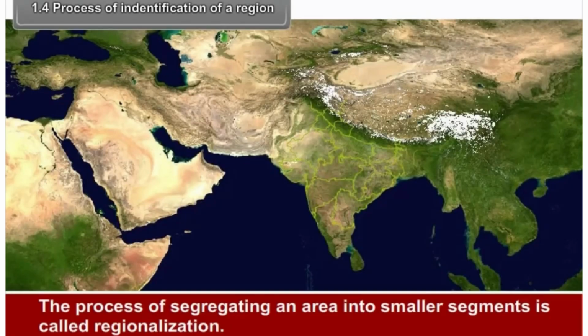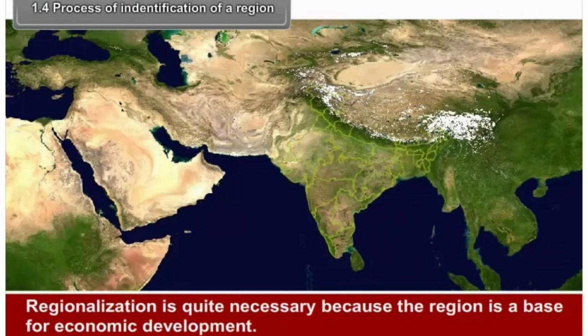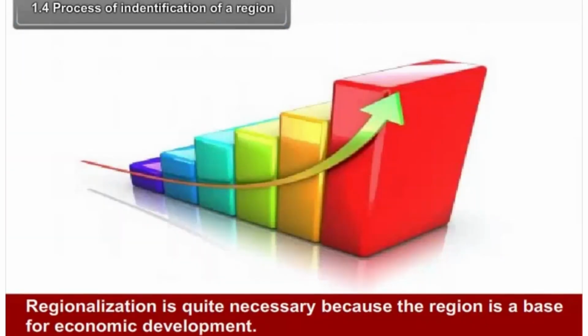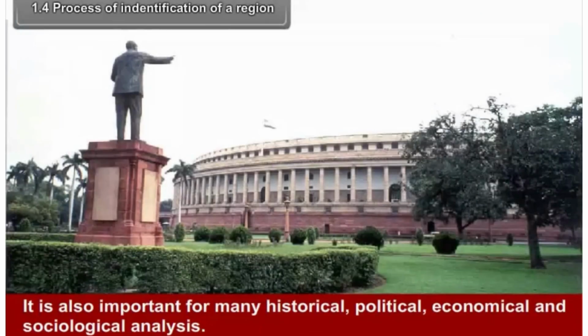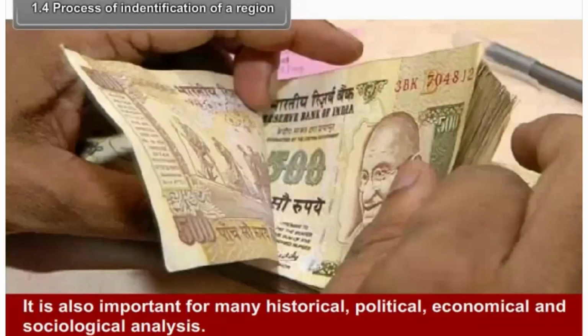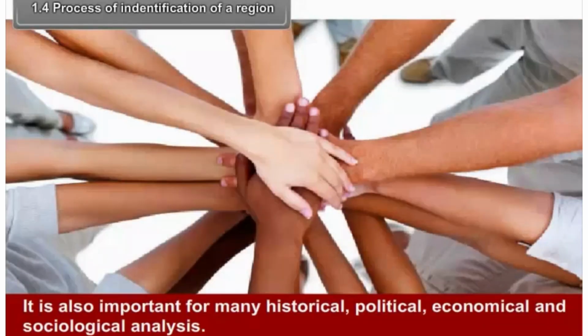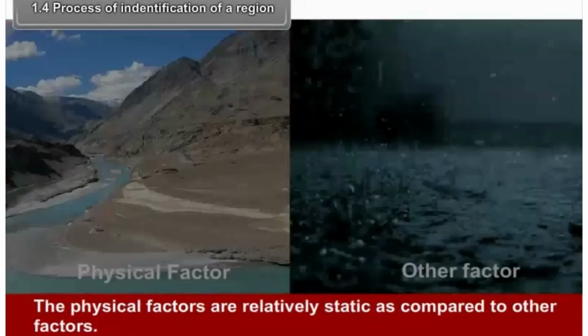The process of segregating an area into smaller segments is called regionalization. Regionalization is quite necessary because the region is a base for economic development. It is also important for many historical, political, economical, and sociological analysis.